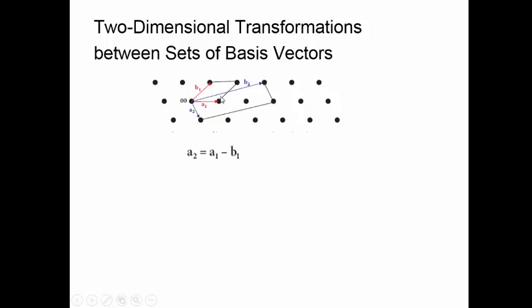If we want to relate the 2 subscripts to the 1 subscript, we can see if we want to go A2, which is from here to here, we could go 1 along A, and we'd have to go negative B to come back to this point. So here we have it, A2 is equal to A1 minus B1.